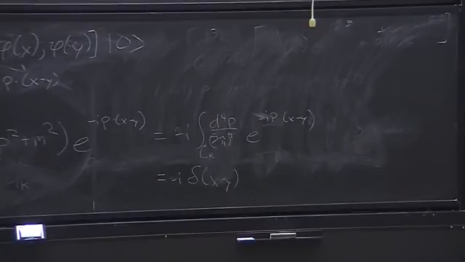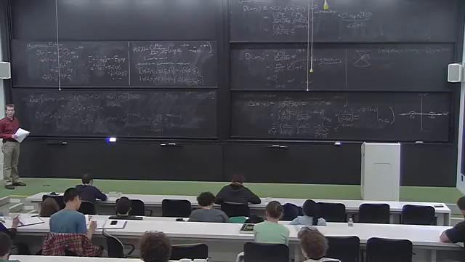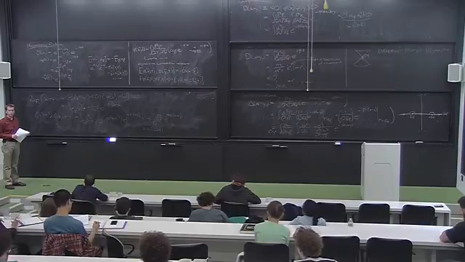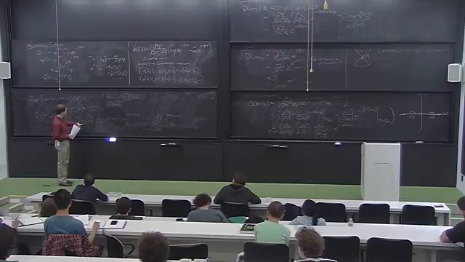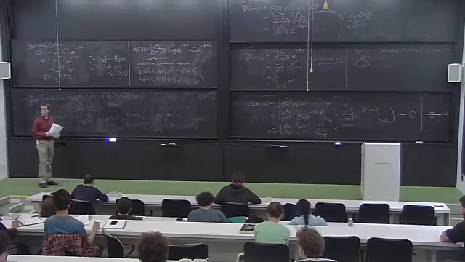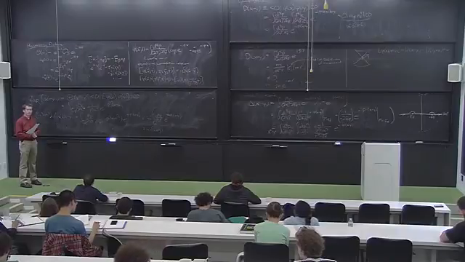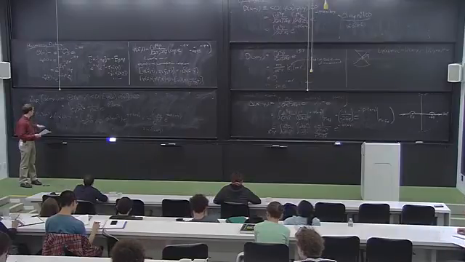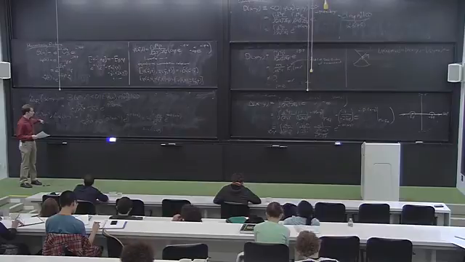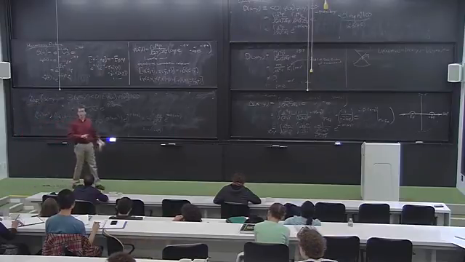So can anyone tell me where I used the contour in this derivation? Denominator p squared minus m squared. The contour. Did the contour play any role here? At the poles, you have to shift them up or down. Shift them up or down, but what if I'd shifted them down instead?